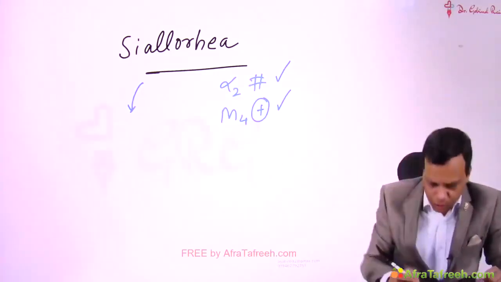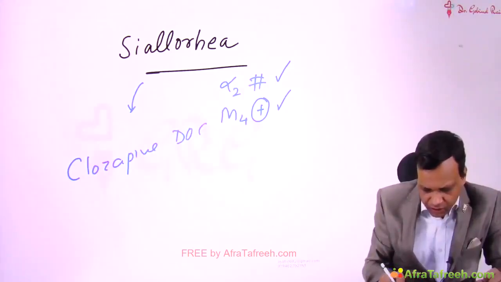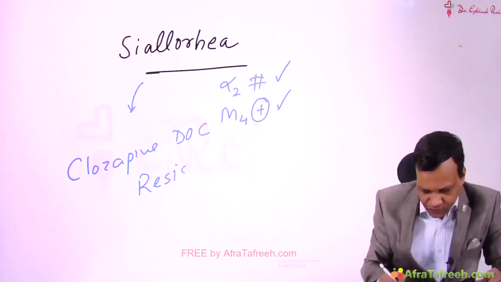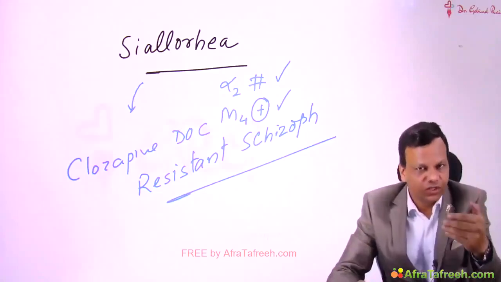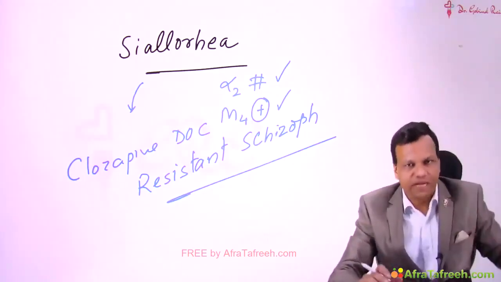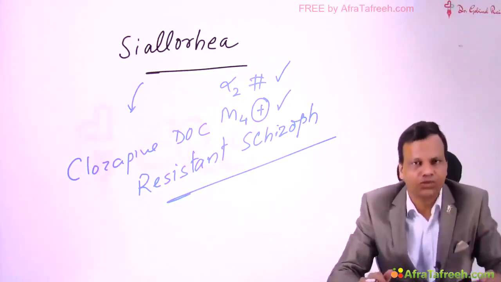So clozapine is the drug of choice for resistant schizophrenia. If the question is asked what is the drug of choice for resistant schizophrenia, then the answer is clozapine, because we do not prefer it normally because of side effects, but when we cannot treat by any other drugs, then we will look at clozapine.